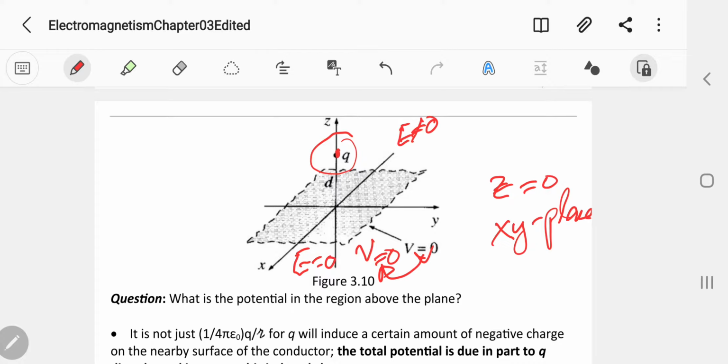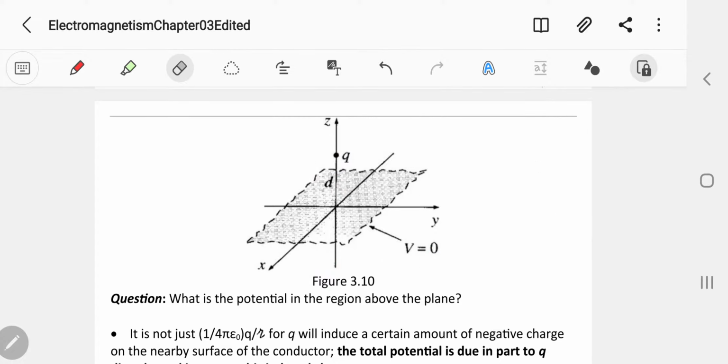So what is the potential? If we select a point somewhere here, what is the potential here? Essentially the potential here is not equal to 0 because there is electric field above the plane. Below the plane, of course, we know that it is 0.